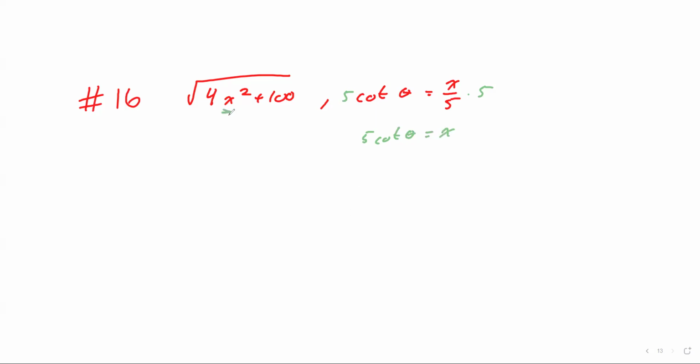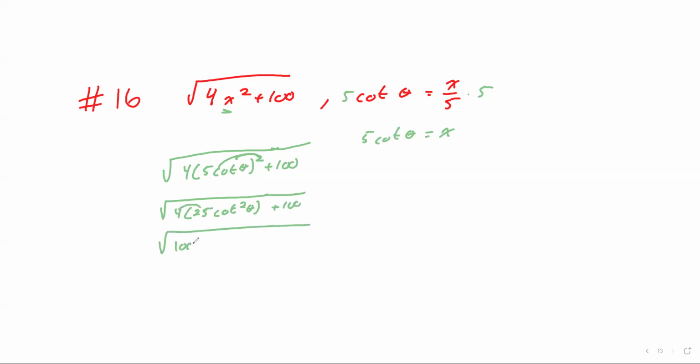So now that I have that information, this gives me 4 times 5 times cotangent theta squared plus 100. And then we'll distribute this out. This becomes 5 squared is 25, and then cotan squared theta plus 100. And then I'm going to distribute the 4.